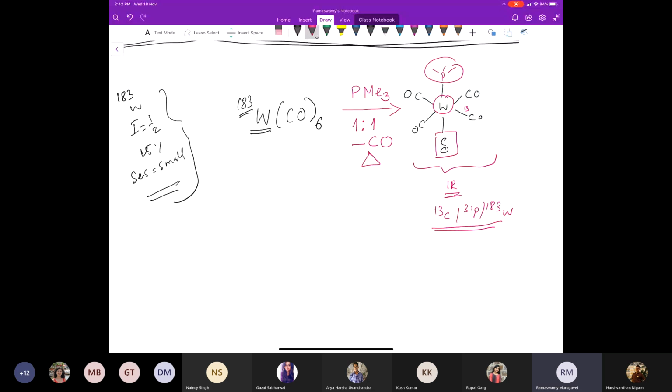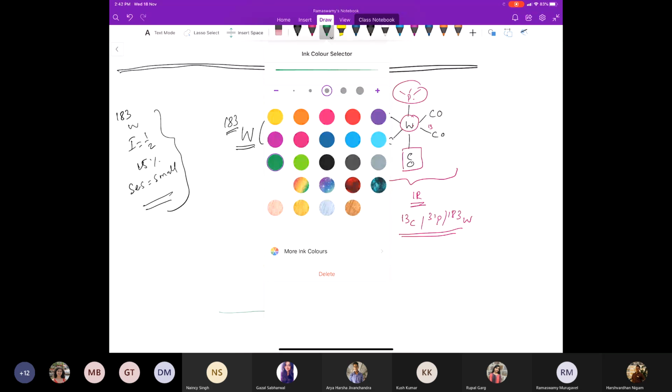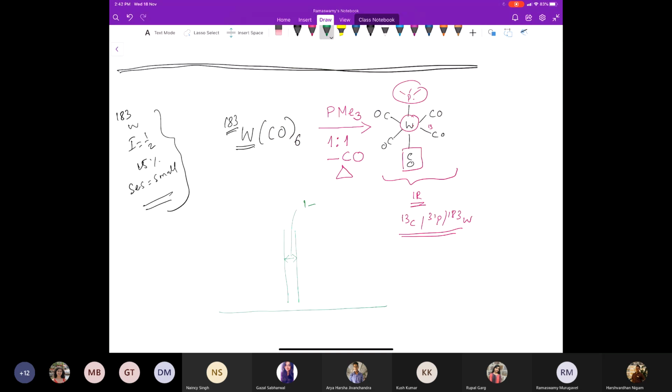Just to give you an idea of how my tungsten NMR would look like. Tungsten can couple with phosphorus. Tungsten is only 15%, as I said, but the phosphorus is 100%. So the 15% of molecules in solution will couple with phosphorus, because this is my 1JWP.